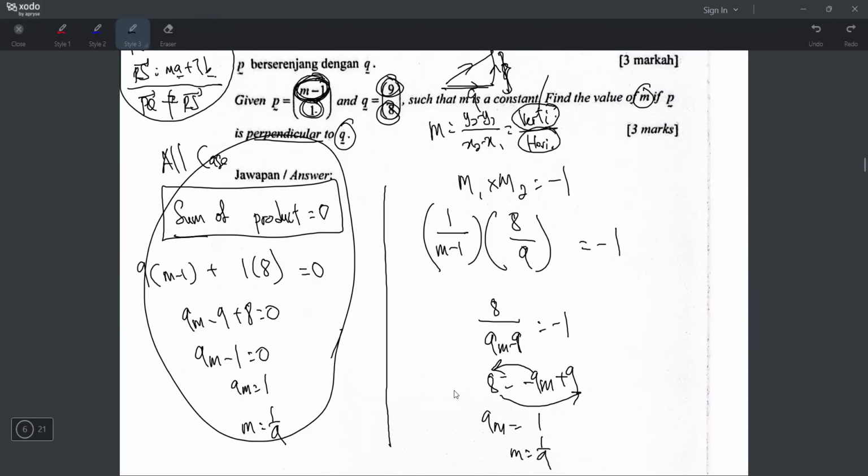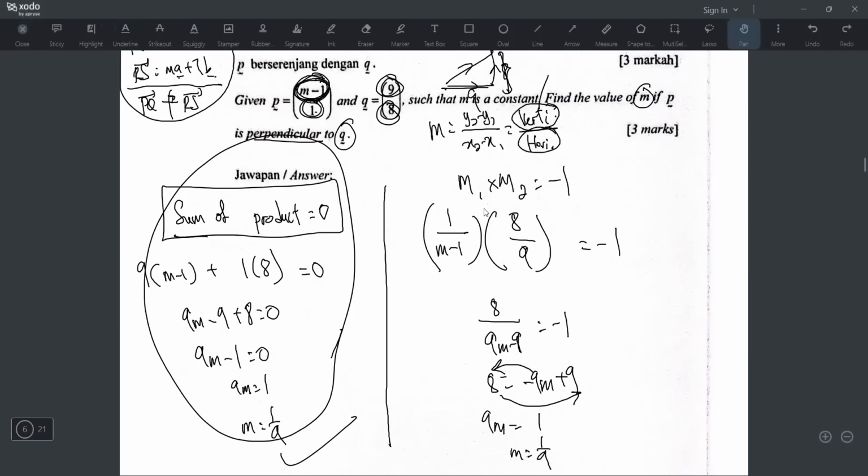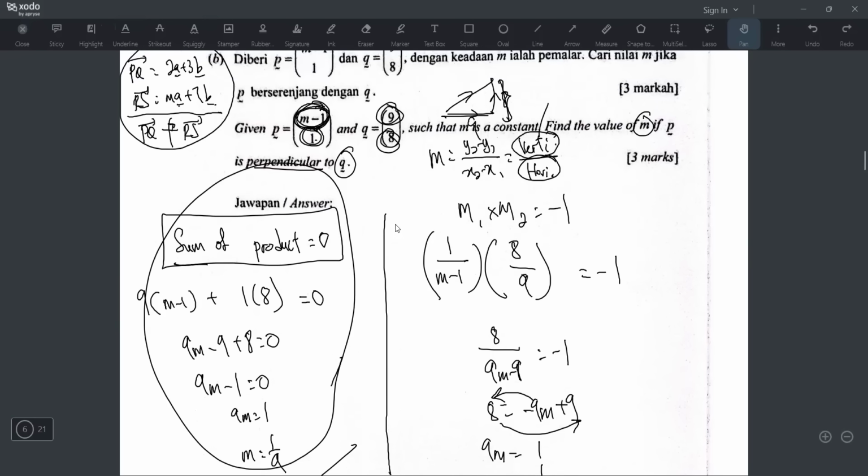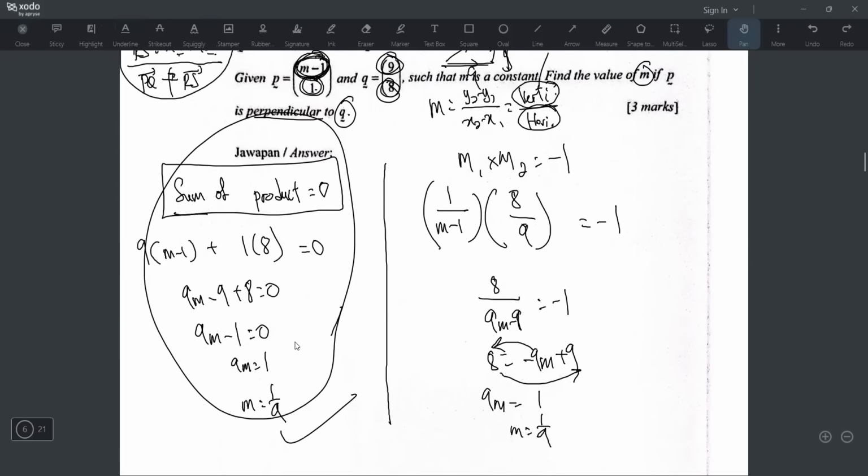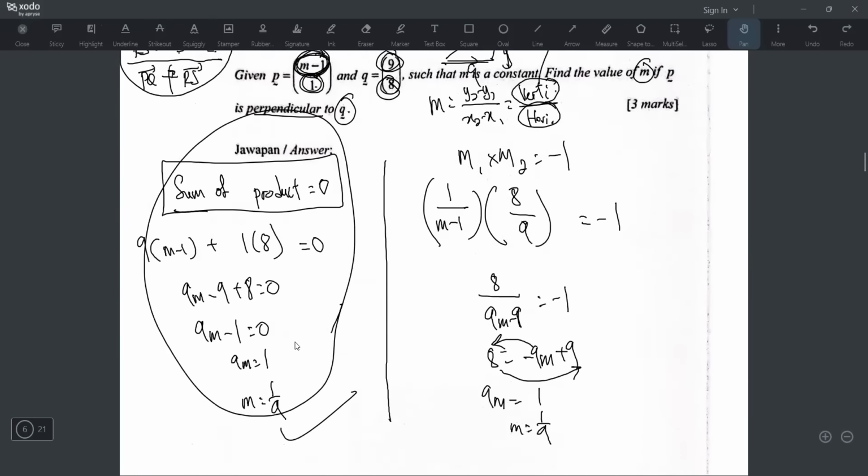So me personally, I will do it like this. But I know the scheme did it like this, so I explain it also. Actually you can use this method for this question because it's ij. But the method that I did here, you can use for all cases. It can be ij, it can be ab, mn, hk, whatever. So hope you get it. All right, that's all for my explanation.